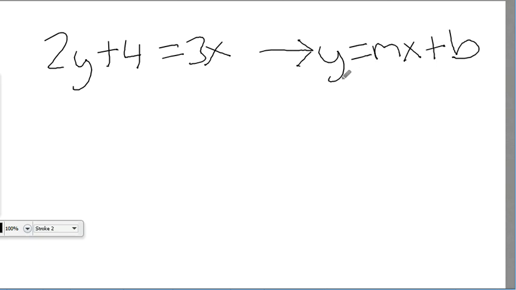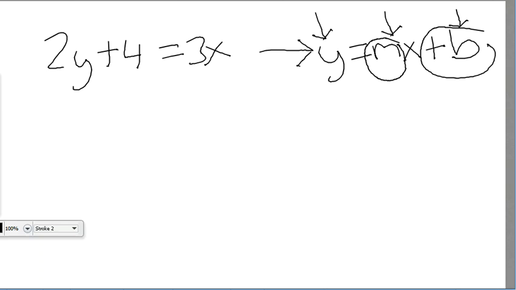Slope-intercept form is just a form of an equation that we can use to graph. Notice that in slope-intercept form, the y is all by itself on the left side of the equation, equal to the x term and then the term that's just a number. The m is our slope and the b is our y-intercept.